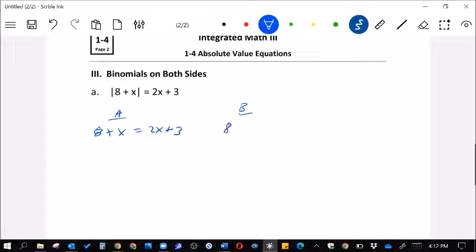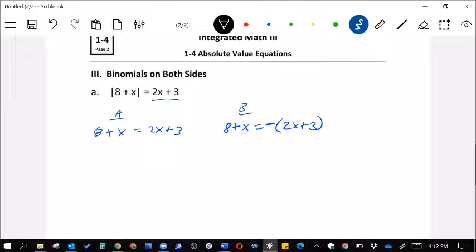In the second one, I need 8 plus x is equal to, and we put this into negative. The whole side. Just like if this instead of 2x plus 3, say it was 7, we'd make it negative 7. So 2x plus 3 might be 7 for all we know. We just put a negative in.